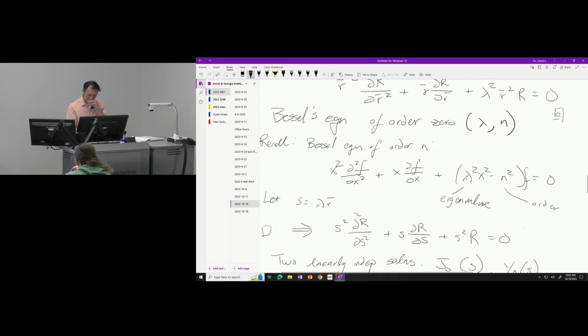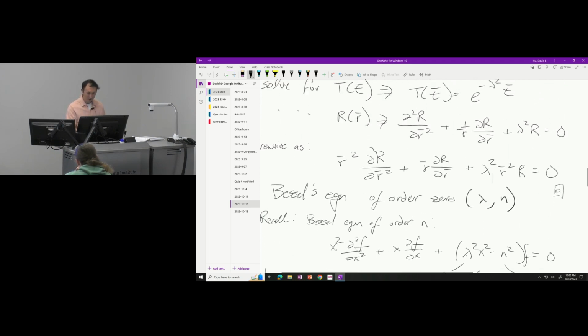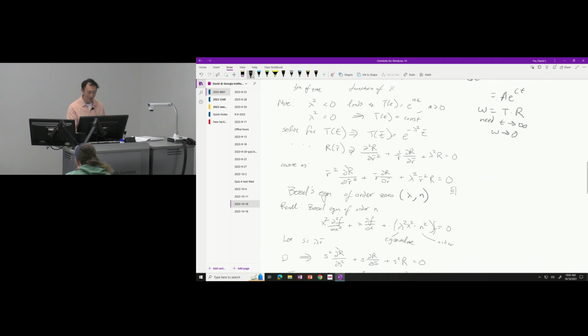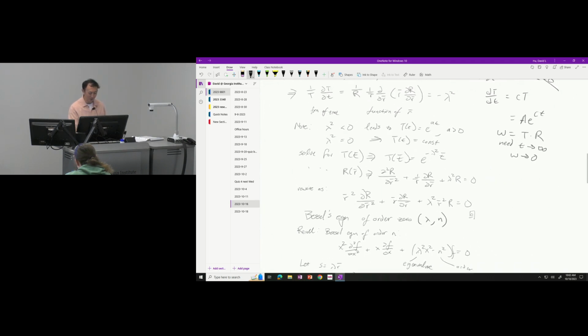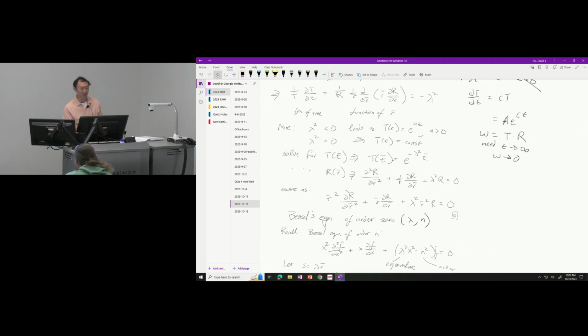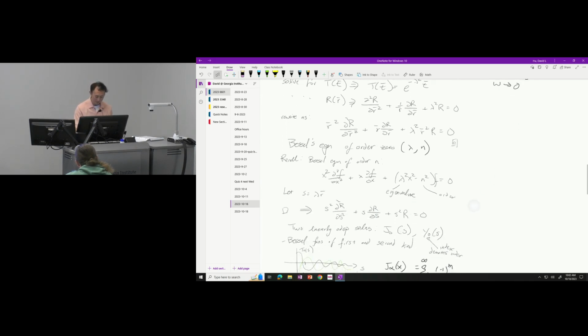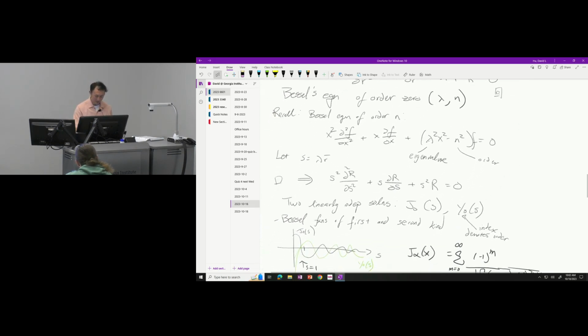Lambda keeps appearing in the problem and is a really critical thing. Lambda physically tells us how quickly our thing decays, but it is also a part of the Bessel solutions.